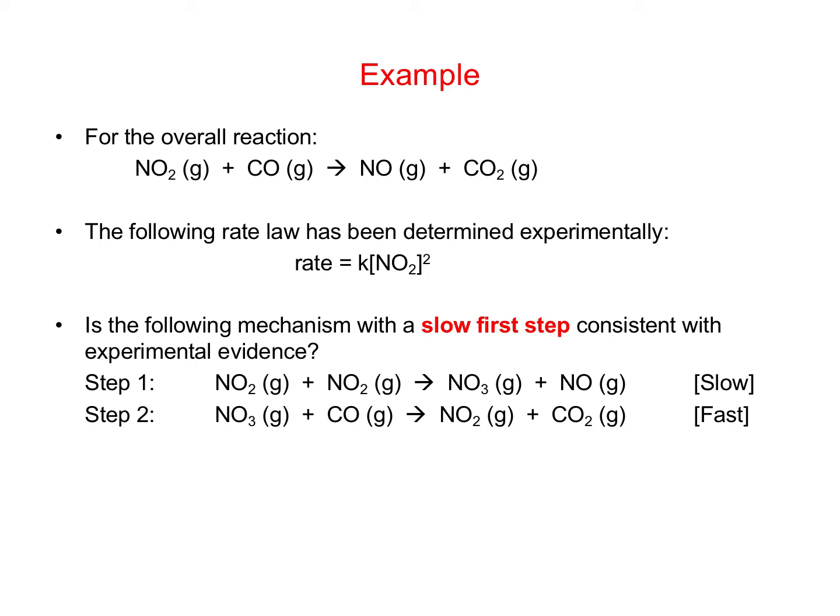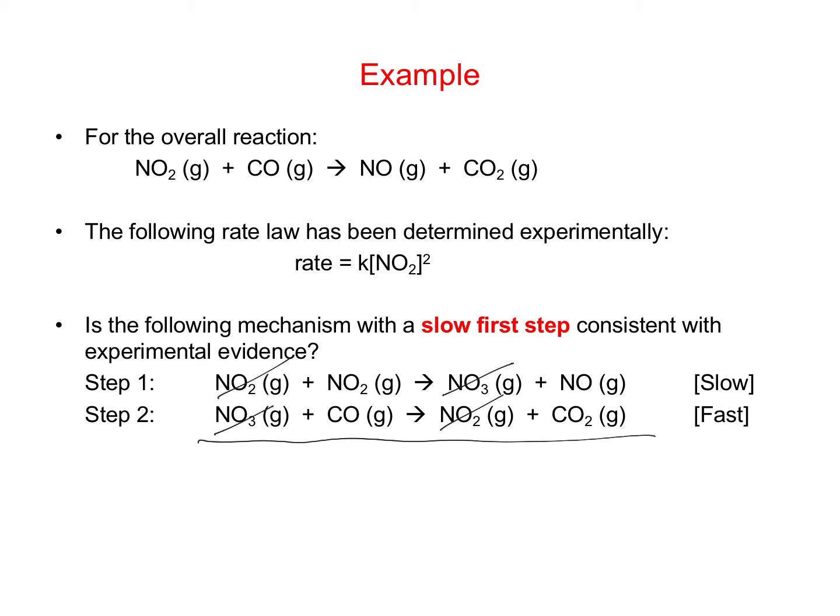So there are two things that we should check. Does the mechanism add up to the overall reaction? And so in this case, we want to cancel out anything that appears on both the reactant and the product side. So I think I have an NO3 on the products here and an NO3 on the reactants. And I also have an NO2 on the reactants and an NO2 on the products.